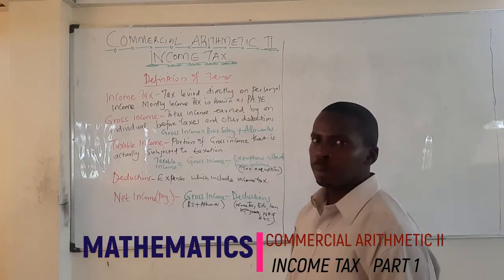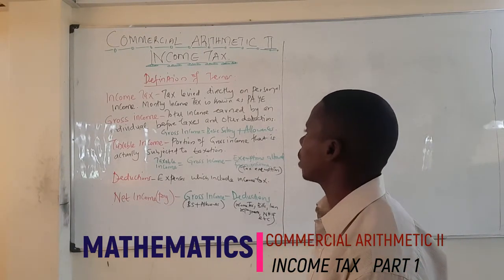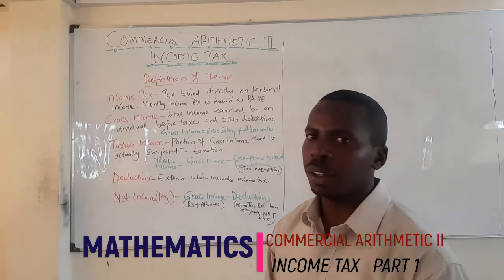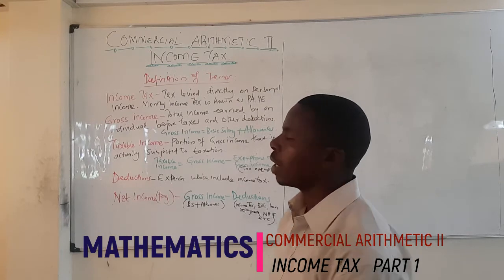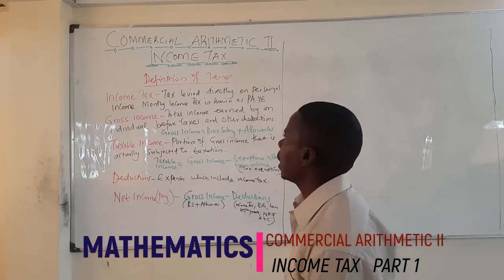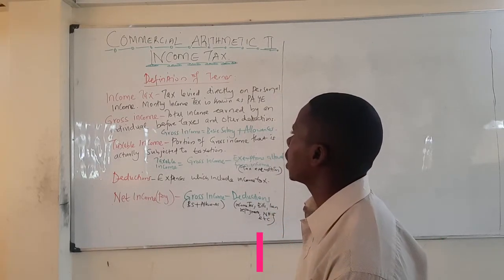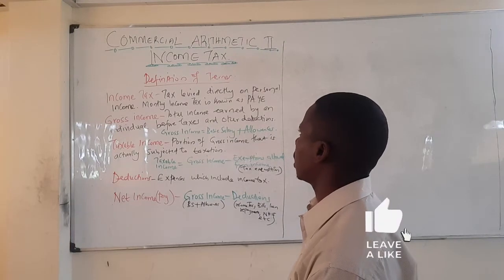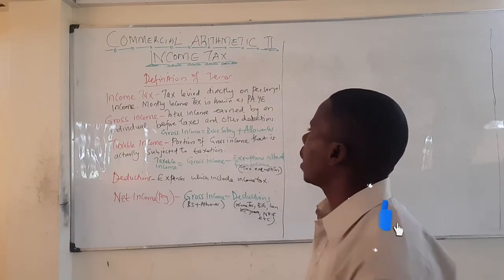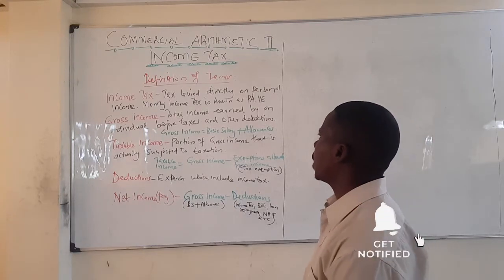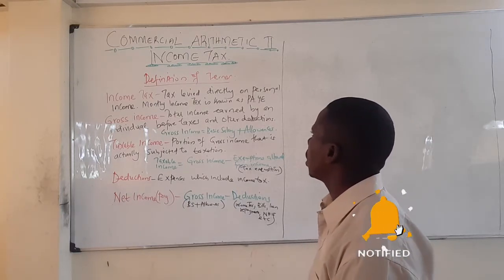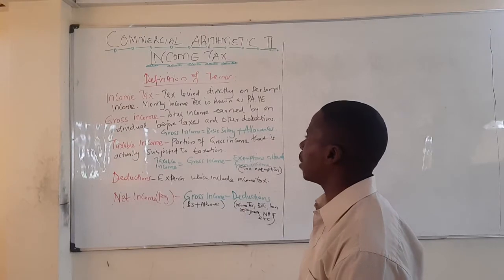So we shall start by giving some definition of terms that you're going to be using along the way so that you can be able to understand them from the word go. And the first word there is the income tax, just like our subtopic goes with. And the income tax, this is the tax that is levied directly on a personal income.